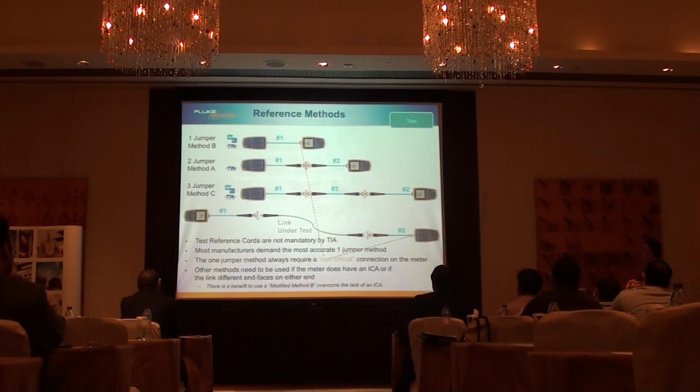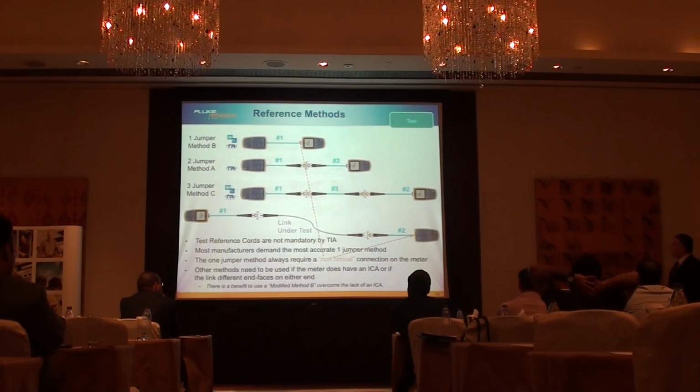One of the things that I would like to say here is that per standard, we are allowed to have the meter side removed. So we are allowed to touch the meter side, but we are not allowed to touch the light source side. That's why they recommend this one, and also they recommend to have ICA, or what we call interchangeable adapters. And we do have it, so you don't need to have a hybrid port.